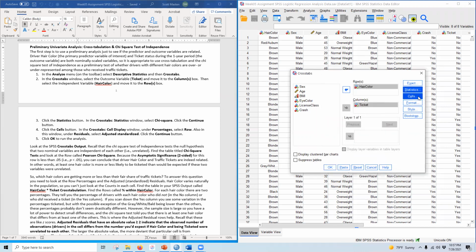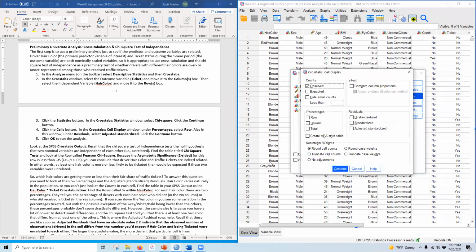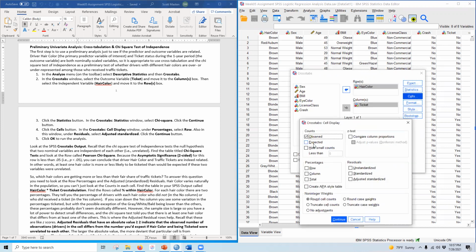Then under cells, we have to get the percentages. One way of figuring out whether to get row or column percents is to think, for this independent variable, do I have equal numbers of people in all the different hair colors? No. Then the only way to fairly compare this is to look at the percent within each hair color who got a ticket.